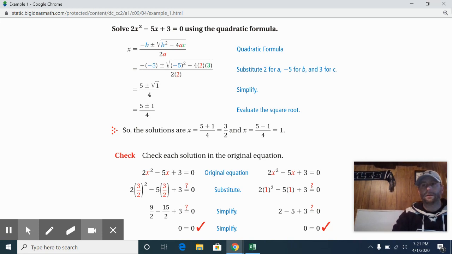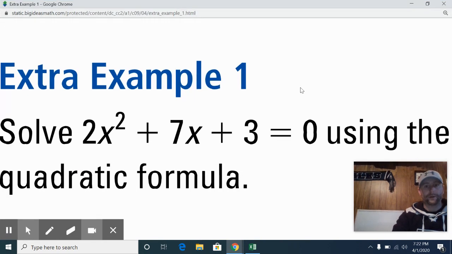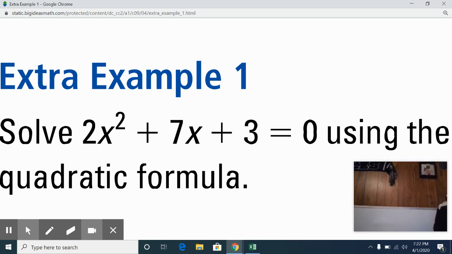All right, so now here's why I have my whiteboard back here, because I want to show you one of my own. All right, so I'm going to write this out. I'm going to get you closer to the board here. All right, so 2x squared plus 7x plus 3 equals 0.